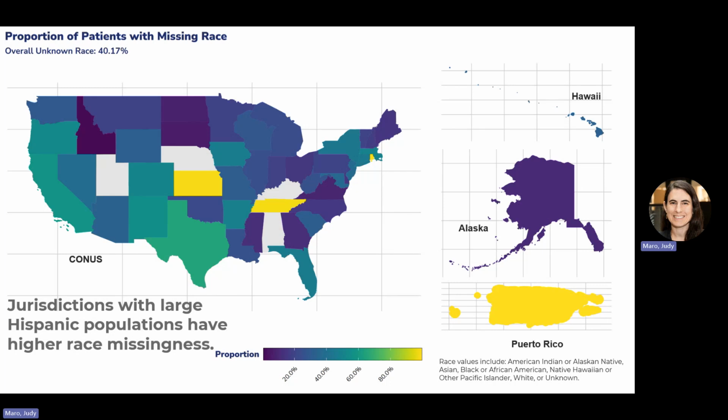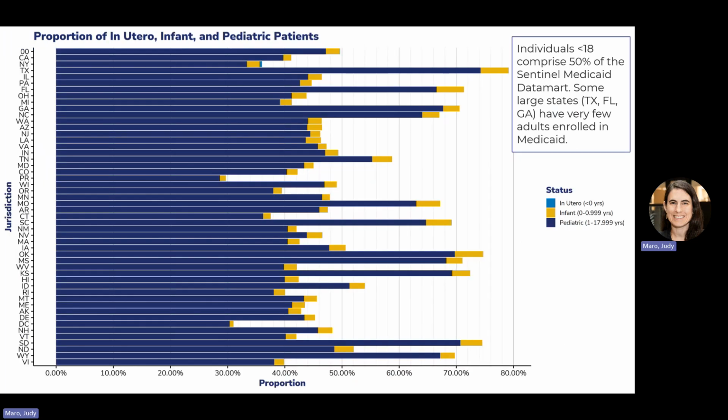That's because in the source data, where it is sourced as Hispanic all races, there is not a designated race for people of Hispanic origin. You see that reflected, for example, in Puerto Rico, which has a very high Hispanic population, and to a lesser extent in Texas and California. But there's also quite a lot of heterogeneity here. Some jurisdictions have very low missingness and others have quite high missingness across the board.